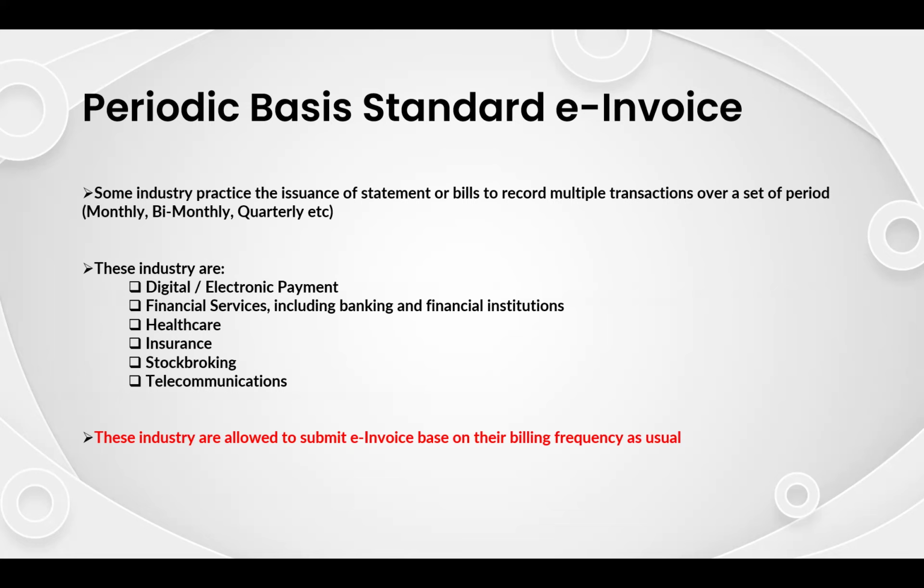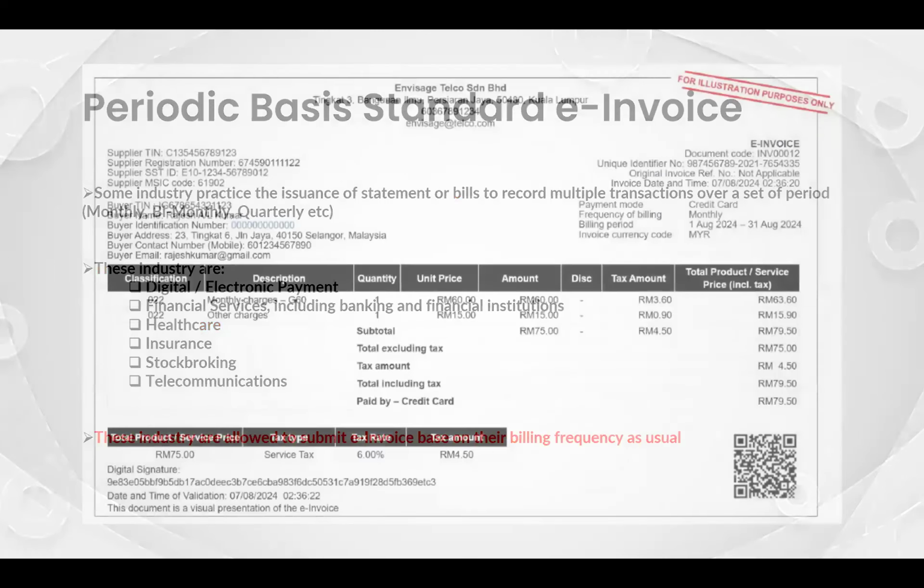Some businesses usually do monthly, bi-monthly or quarterly billing, such as healthcare, insurance, stockbroking, telecommunication, digital marketing, and banking. Those industries can still issue invoices their usual way, based on the billing frequency as usual. No need to change any frequency, but they need to issue them as e-invoice.